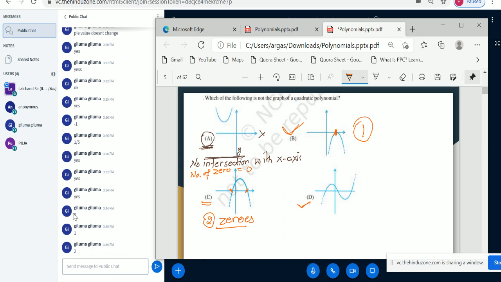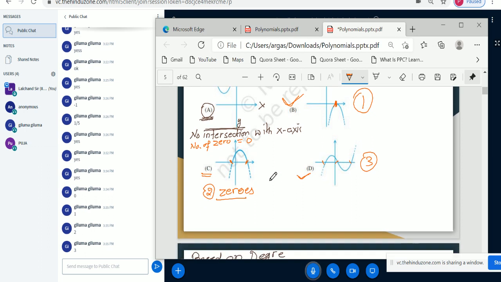And about the D plot, what about the D plot? 3. Yes, 1, 2, and 3. Here three zeros. Say, if I draw some plot like this, now tell me, for this E plot, how many zeros for E plot?